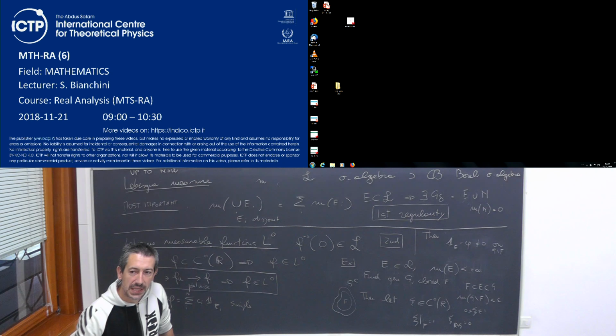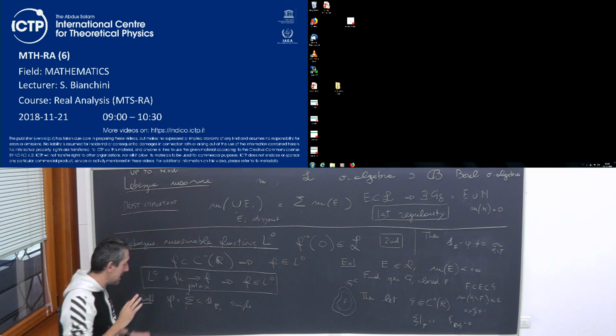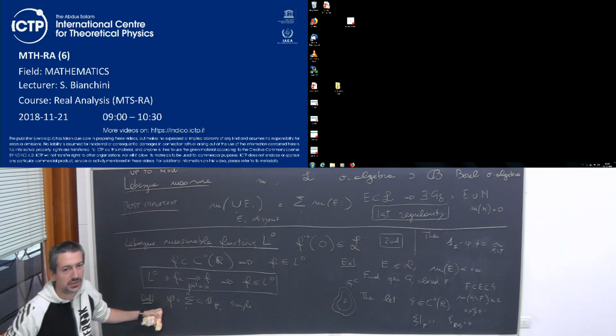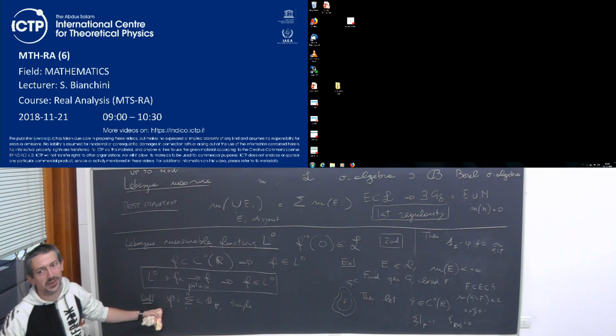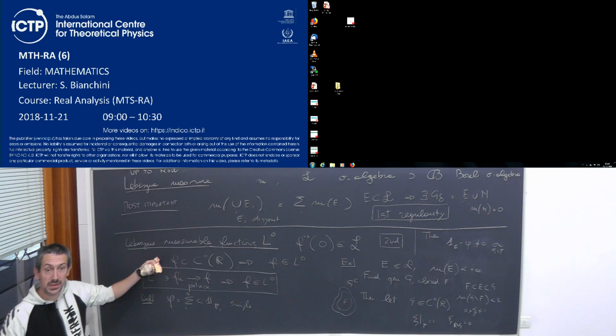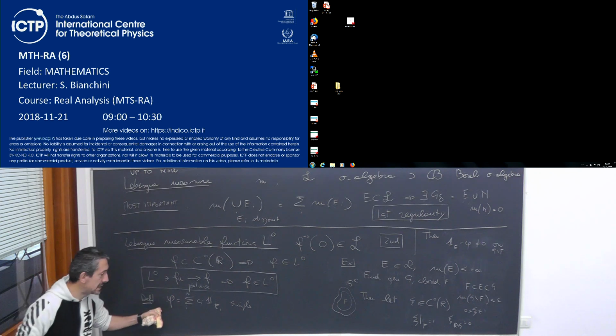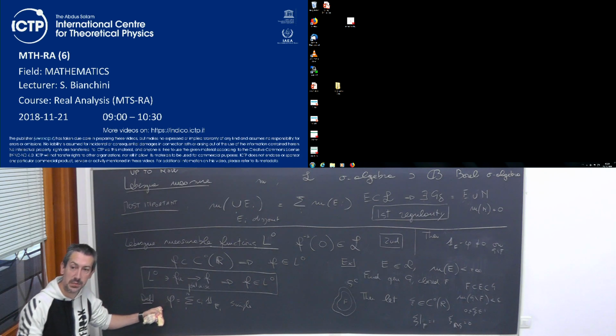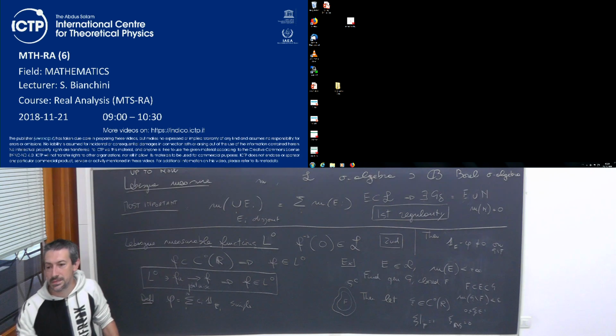Give me a measurable set, there exists a continuous function such that the set where they differ has measure less than epsilon. So when I say limits of simple functions, I'm not saying much more than limit of continuous functions, because I remove an arbitrarily small set and the function is continuous.